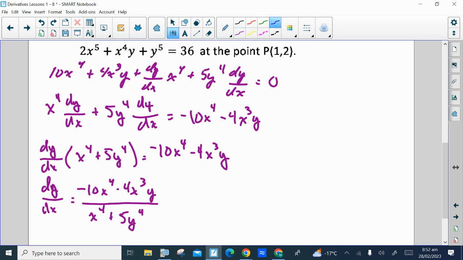So there's an expression for the derivative, and we can use that to find the slope of the tangent by letting x equal 1 and y equal 2.